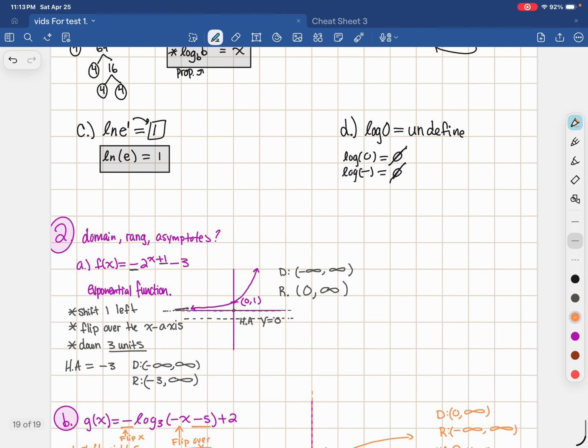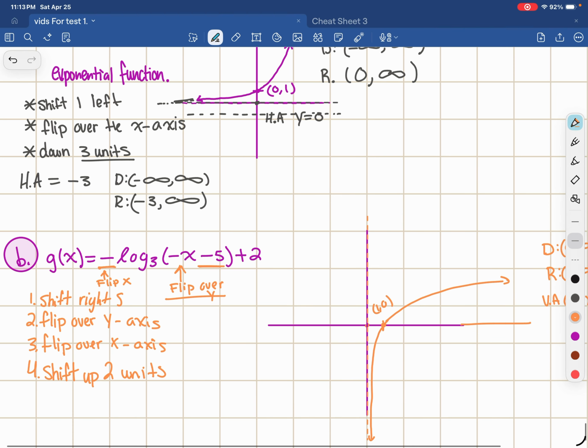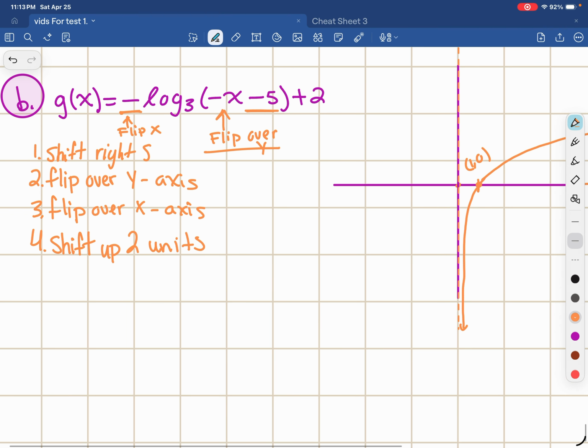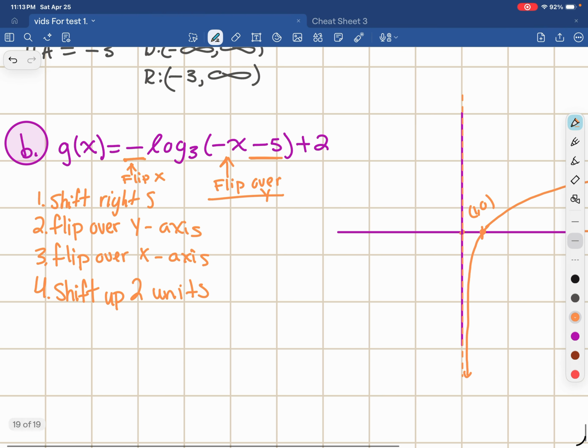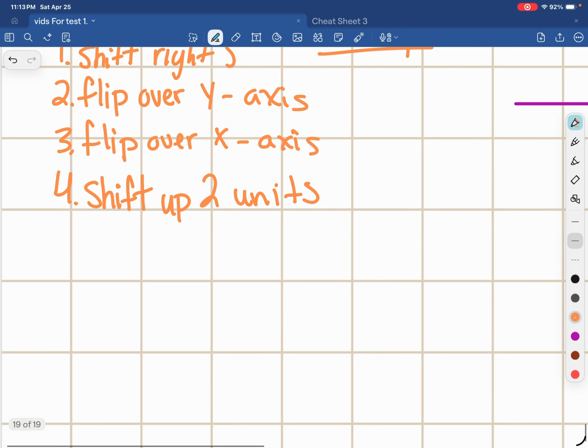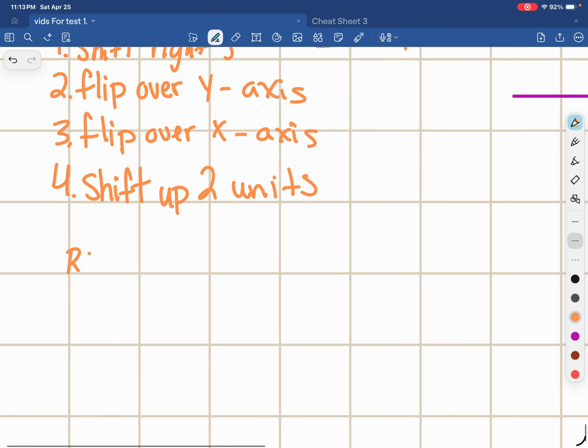So let's talk about how the domain, range, and asymptote are affected. It's pretty simple. You can kind of figure out and draft it in your head what's going on, right? So we automatically know range is not going to be affected here.